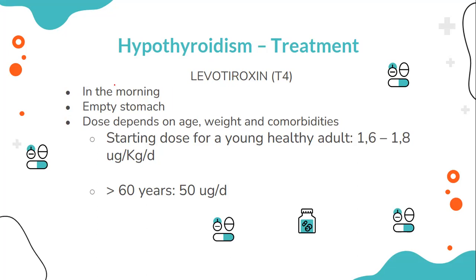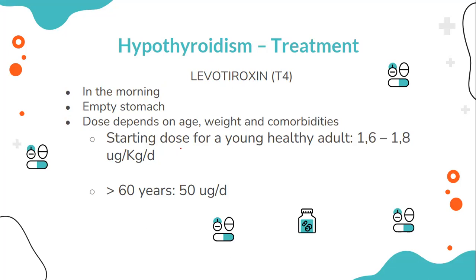The L chain, right? So we give our patient this medication, exogenous T4, of course, and it has to be taken in the morning on an empty stomach, and the dose depends on the age, the weight, and some comorbidities.